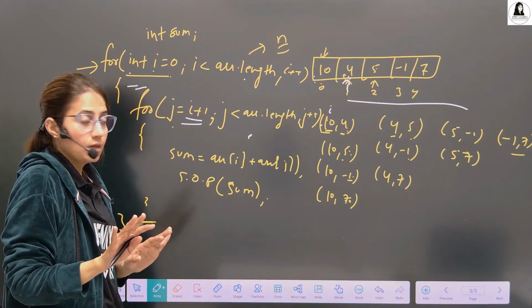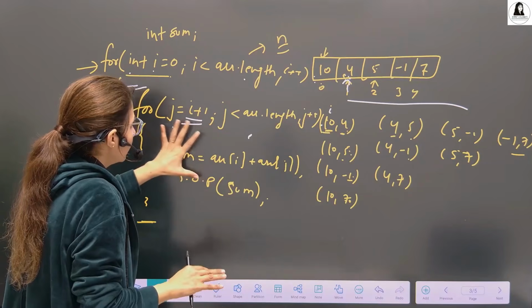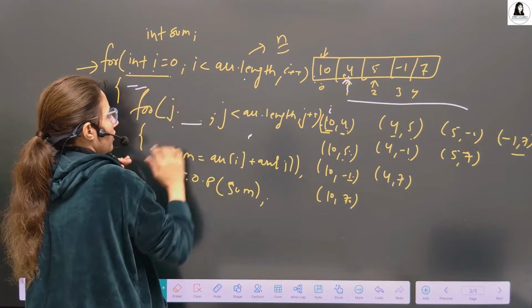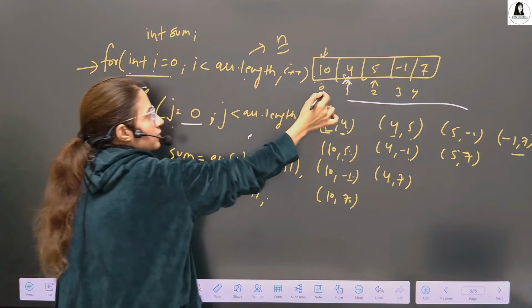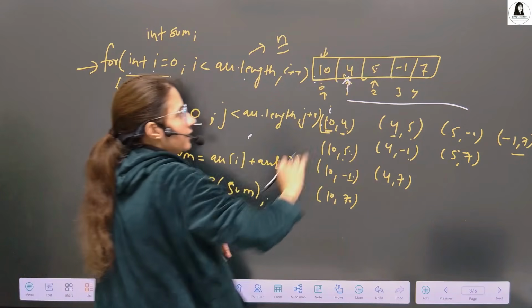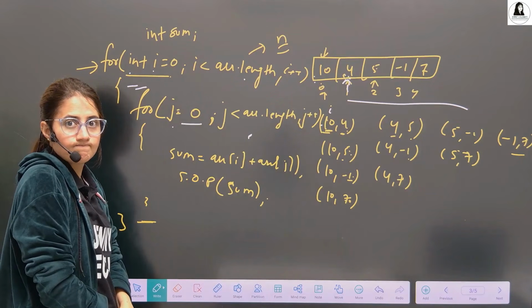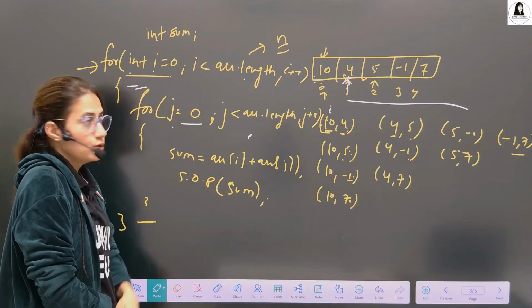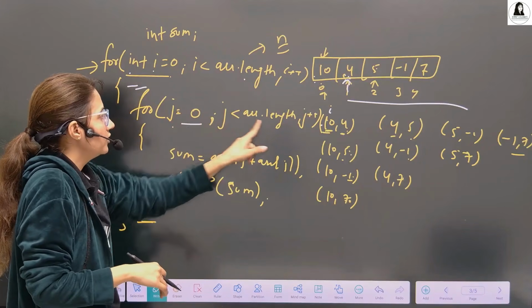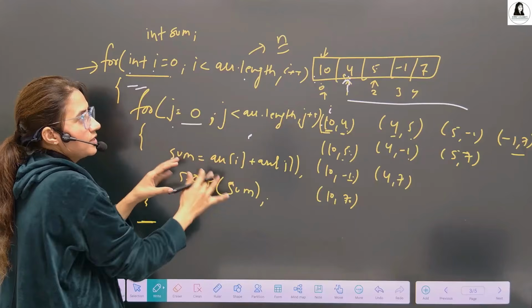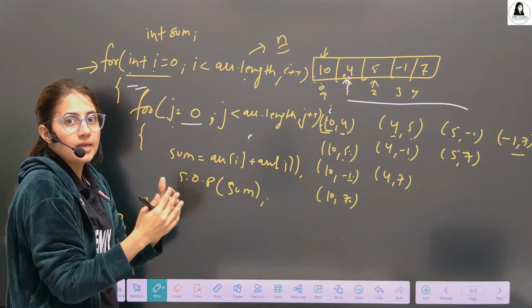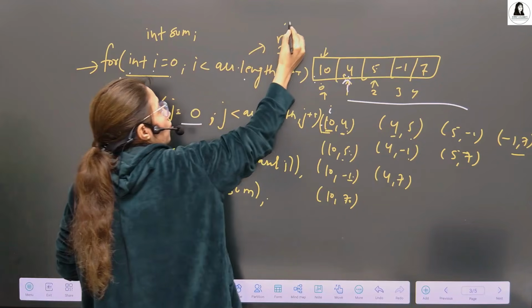But suppose at first we take it from 0 only. Then this will also go from 0 till the end. So how many times are these frequently executed statements executing? N square times.